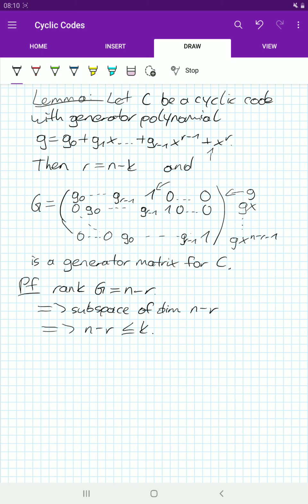one inequality, but we actually want to show that this is an equality.